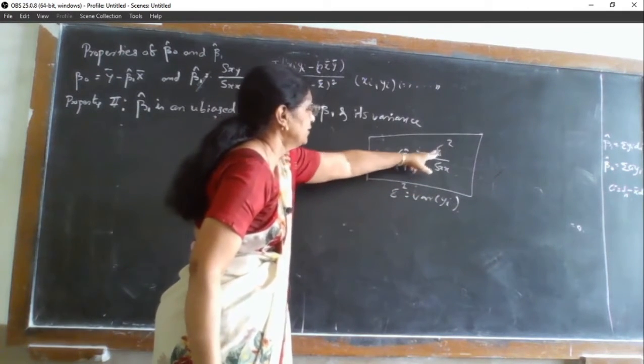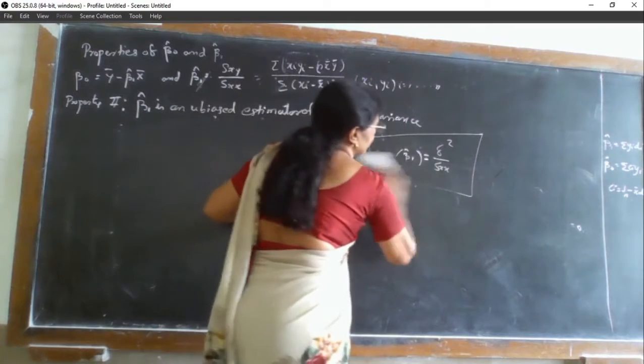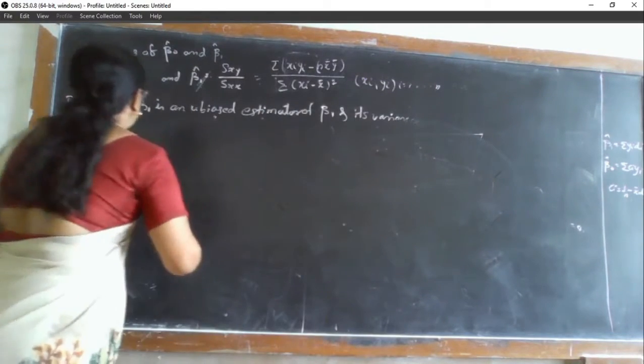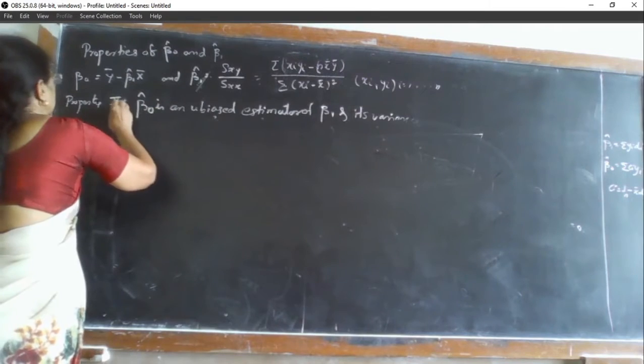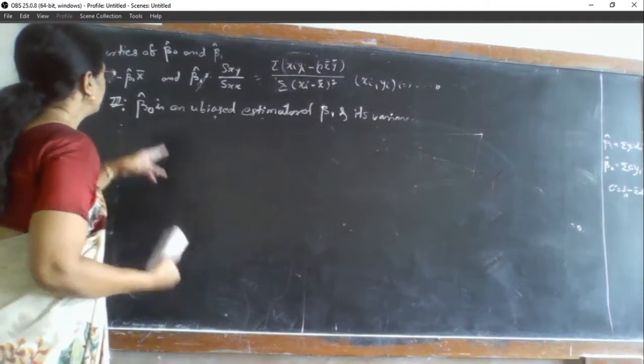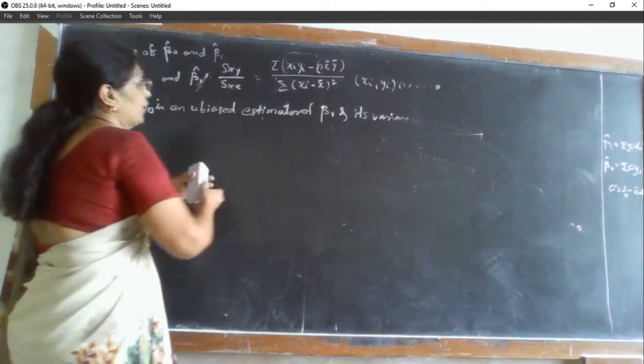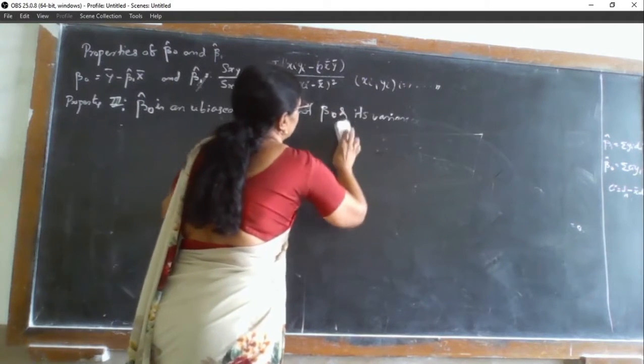Variance of beta 1 cap is sigma square upon Sxx; you have to remember this. This is property 3: beta naught cap is an unbiased estimator of beta naught.